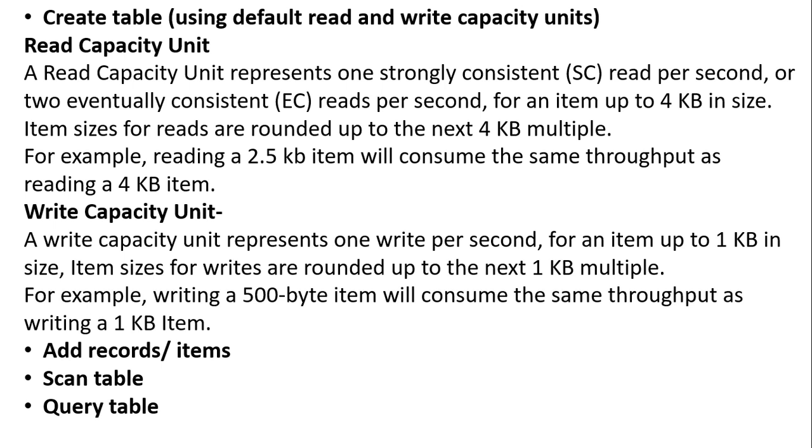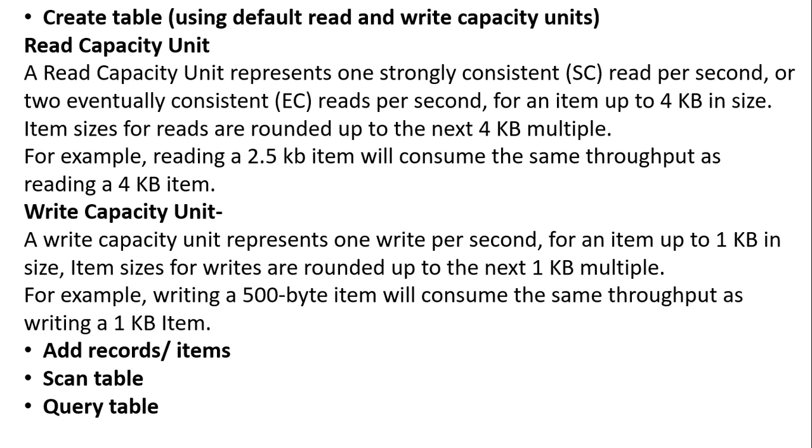Read capacity unit. A read capacity unit represents one strongly consistent read per second or two eventually consistent reads per second, for an item up to 4 KB in size. The item size for each record is rounded up to the next 4 KB. That means if you are reading a 2.5 KB item, the consumed throughput will be that of reading 4 KB.